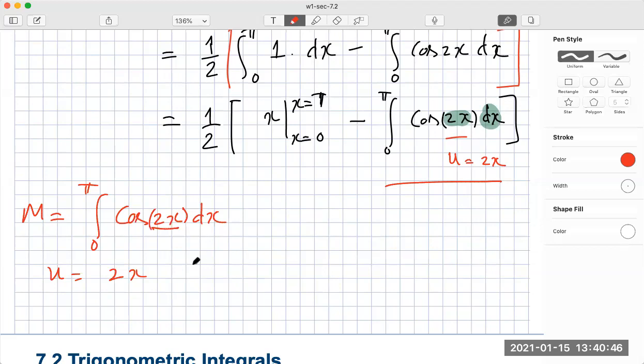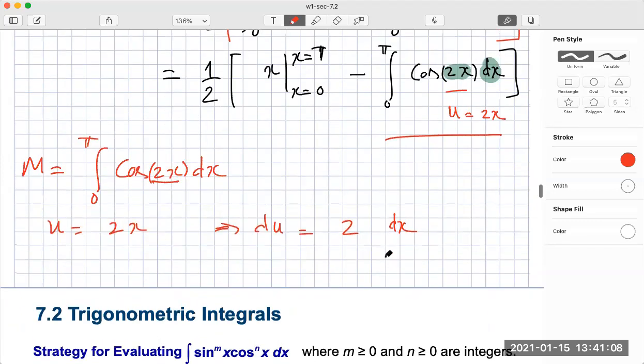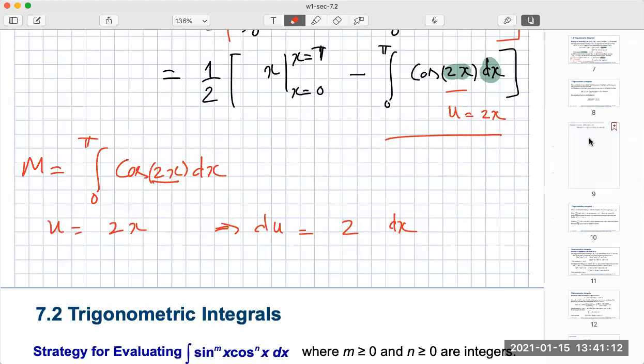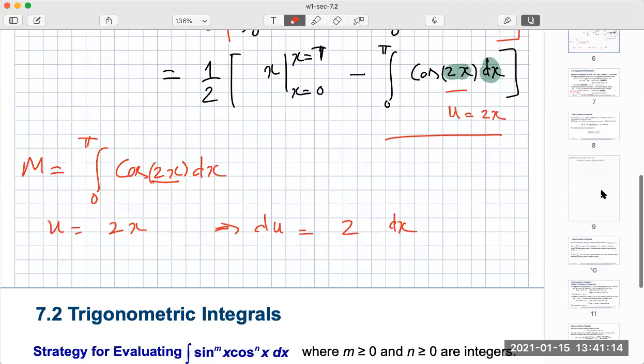If we define u to be 2x, what is the relation between du and dx? Yes, du will be 2 times dx, right? We take the derivative of both sides. Very good. So it means we can write dx as du over 2, right?